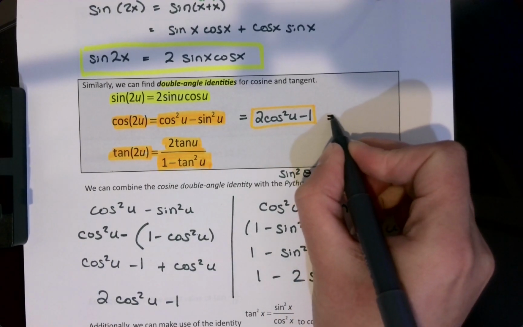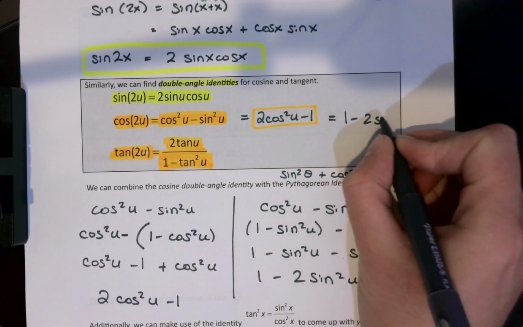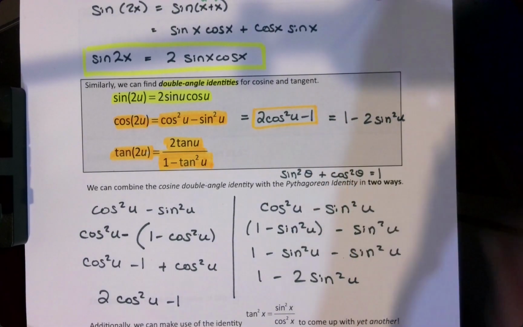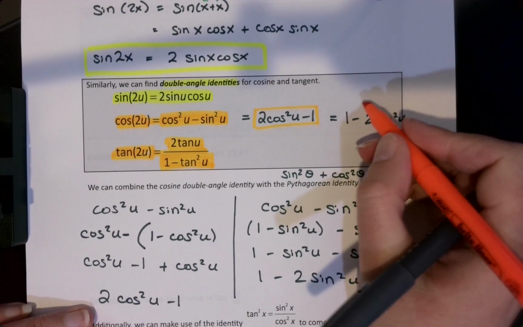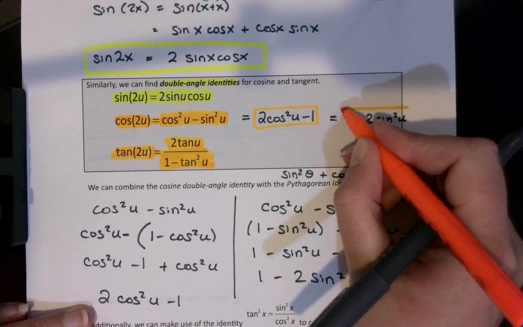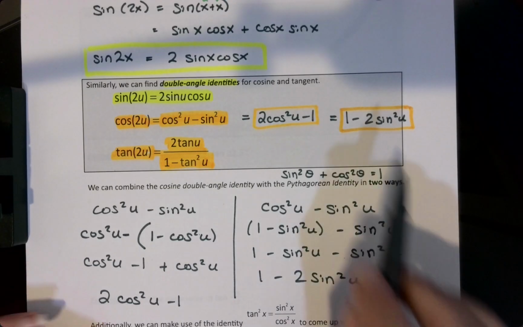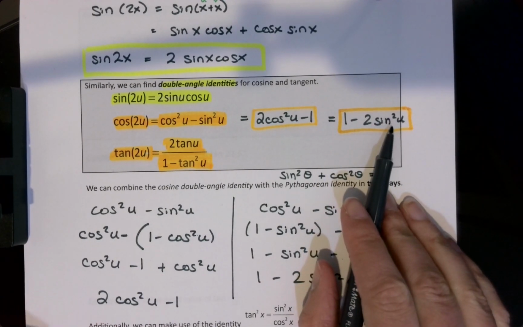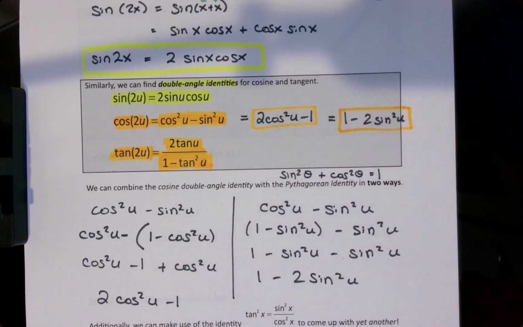It's also equal to cosine of 2u. So there are 3 different forms of the cosine double angle identity. You'll only know which one you want based on context of a question. Sometimes you might only have a cosine squared or a sine squared, and you'll use one of these two. It just depends on context.